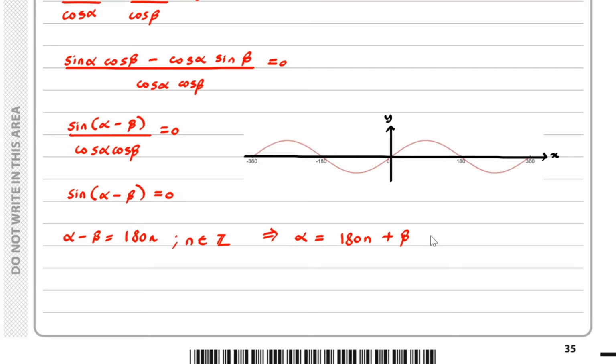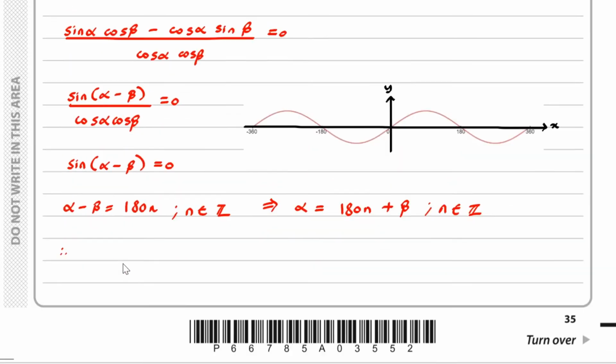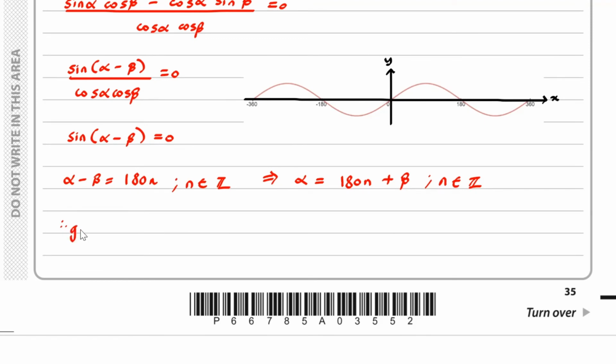So this is for n being an integer, okay? And therefore we can conclude over here that the general solution for tan of alpha equaling tan of beta would be alpha equals 180n plus beta for n being an integer, okay?